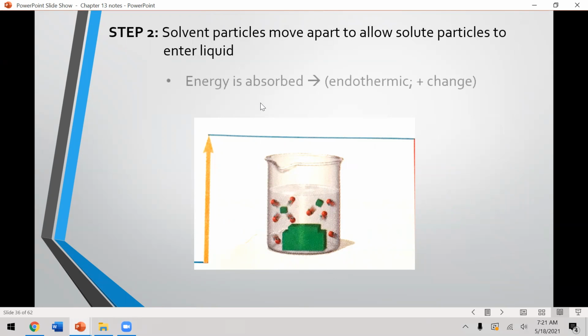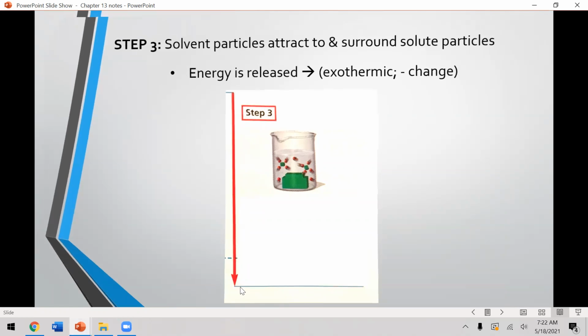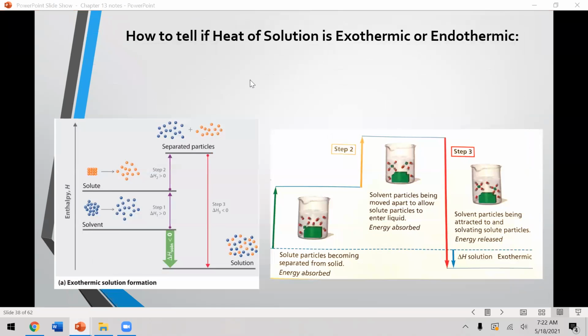It's also an upward arrow, so once again energy is being absorbed, endothermic, a positive change. But then in the third step, you have the solvent particles attracting and surrounding the solute particles. Now you have energy being released from the system, so exothermic, and it's a negative change, so a decrease.